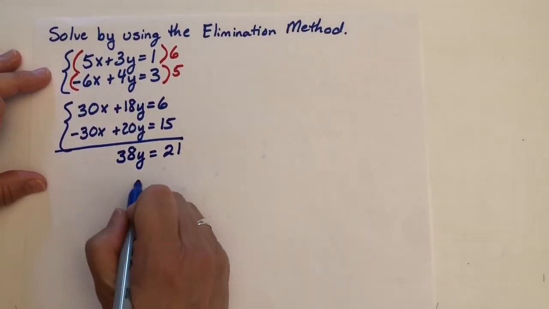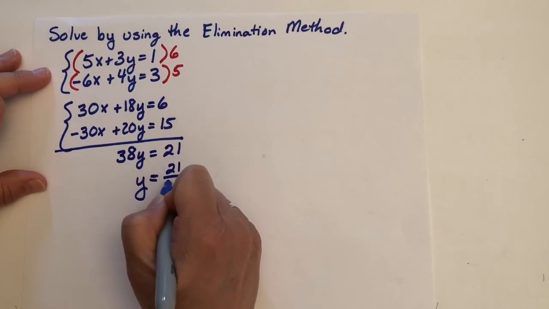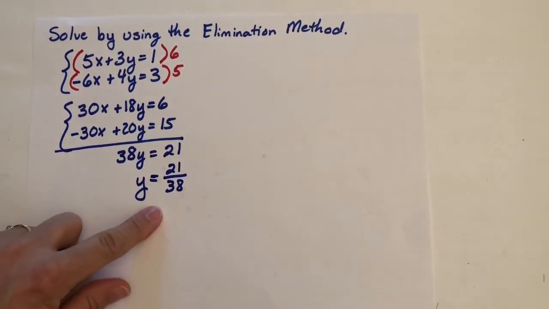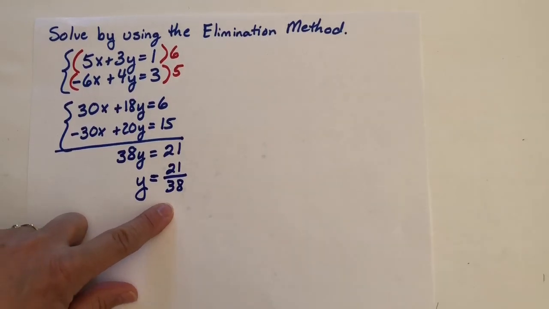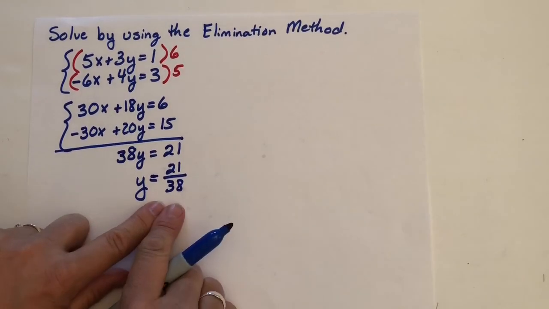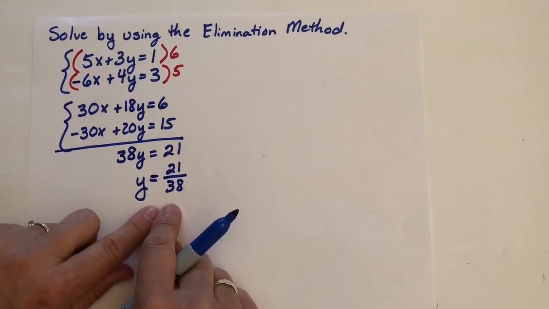And we divide by 38, and we get 21 over 38. And I know often students get worried when they see solutions that look like that, but that's a totally legitimate, fine number. It isn't an integer, but that's okay. Systems can have solutions that look like this.